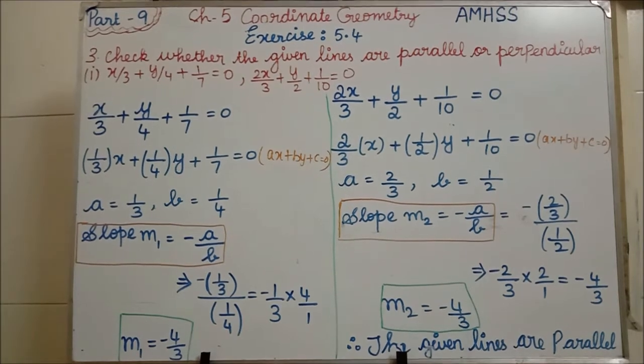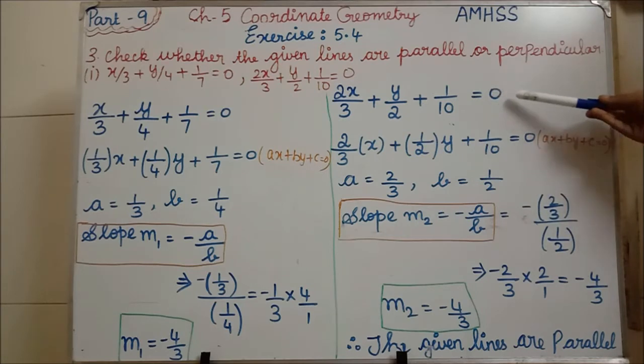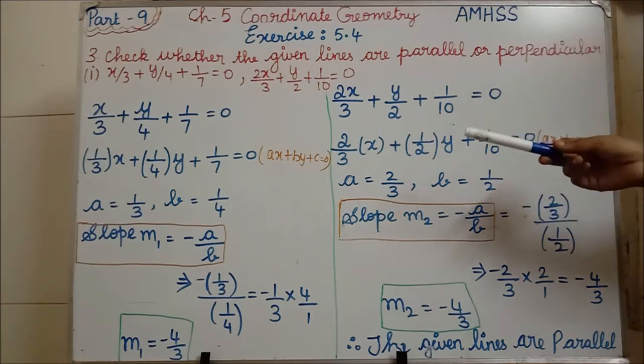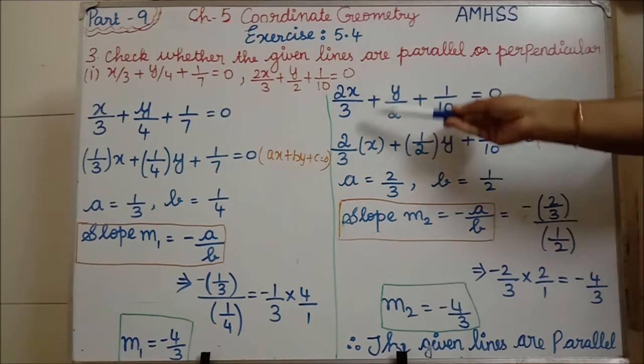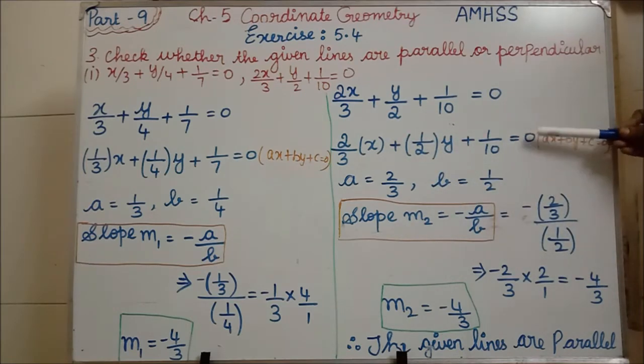Now using the first equation we have got the m1 value. Next, using the second equation we have to find the m2 value. What is the second equation? 2x by 3 plus y by 2 plus 1 by 10 equal to 0. Separately write the x, y. Remaining is what? 2 by 3 here, 1 by 2, plus 1 by 10 equal to 0.